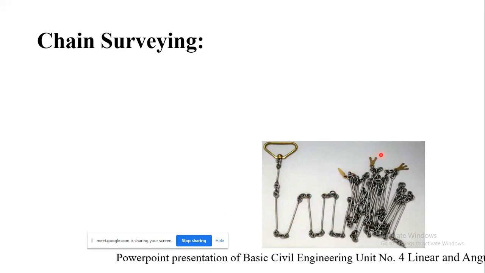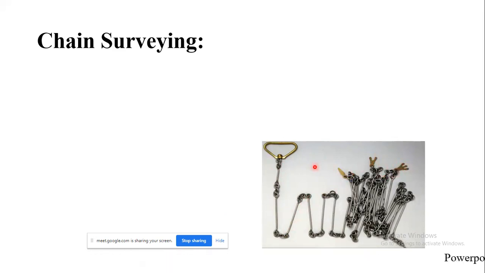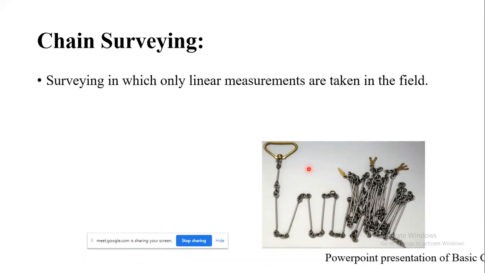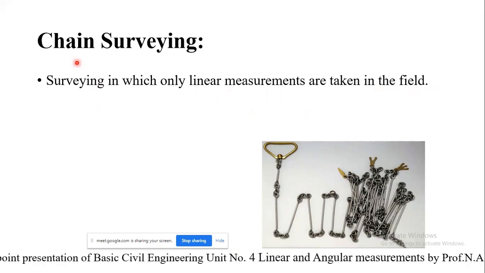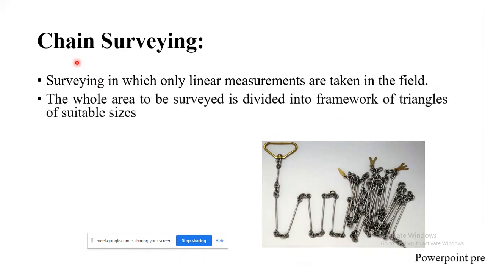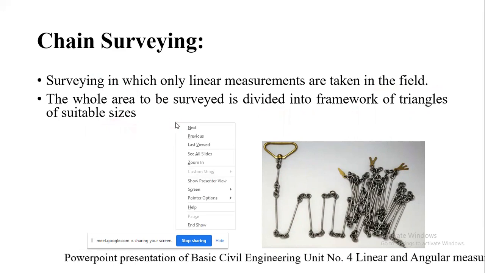Here it is a single, double, and 3 tallies. Surveying in which only linear measurements are taken in the field is nothing but chain surveying. The whole area to be surveyed is divided into a framework of triangles of suitable sizes. Suppose I'll draw it here.